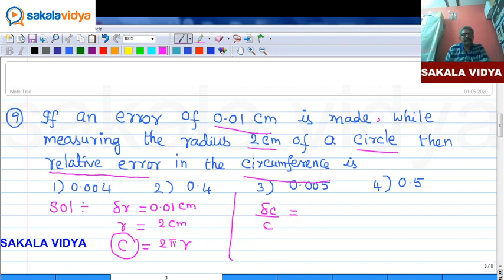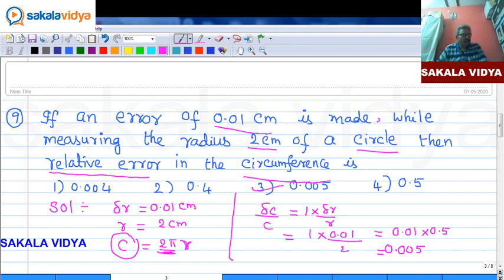So whenever this is constant, just delete it. What is the dimension in r? R power is 1. So that means 1 into delta r by r, that's all. So 1 multiplied by delta r is equal to 0.01 by 2. This will be, actually we have 0.01 into 1 by 2 means 0.5. So first write down 5, how many points? 3 points, 1, 2, 3.0, 0.005. So third option is the right option.